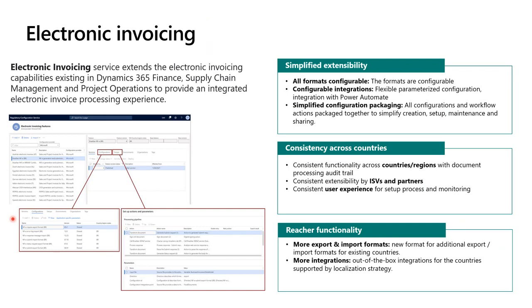Especially if you have operations spread across different countries and regions, and you must comply with local invoicing regulations, electronic invoicing also gives you a consistent user experience across countries for setting up and monitoring the invoicing process, of course, without losing the perspective of a global and common platform for the invoicing solution.